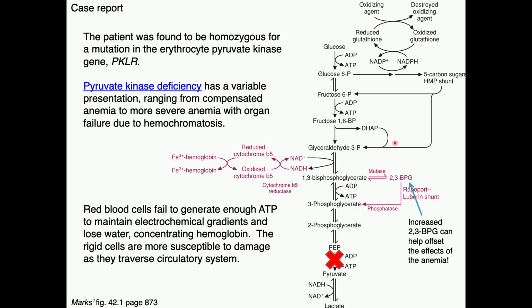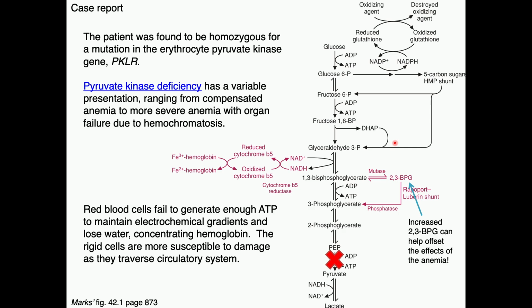And in this patient and in this cohort, this family that this condition was identified in, they have inherited mutations that cause a decreased function in the erythrocyte isoform of the pyruvate kinase gene.